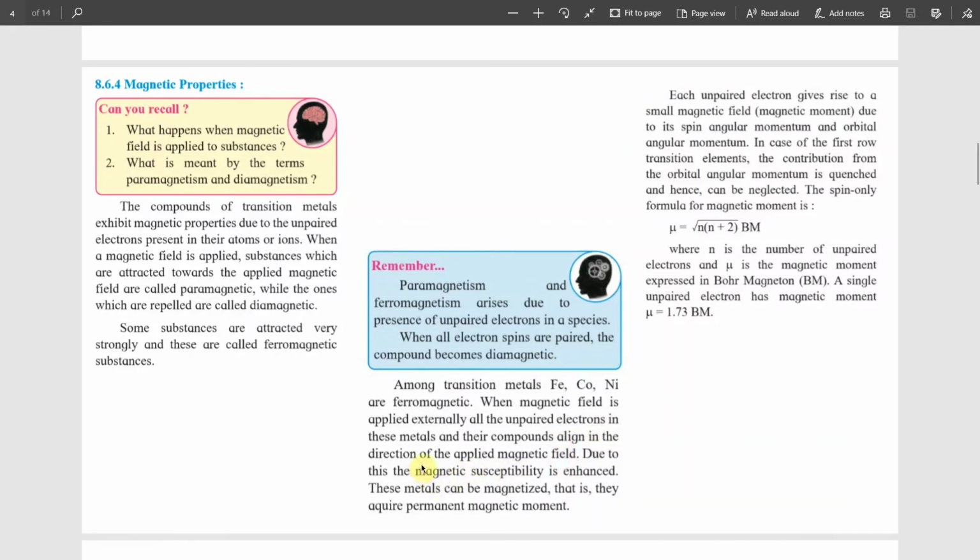When a magnetic field is applied externally, all unpaired electrons in these metals and their compounds align in the direction of the applied magnetic field.